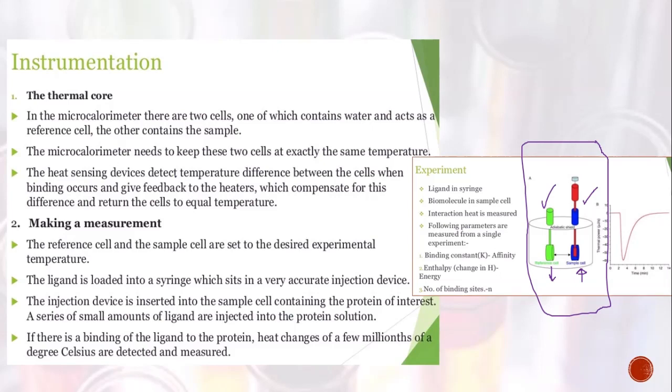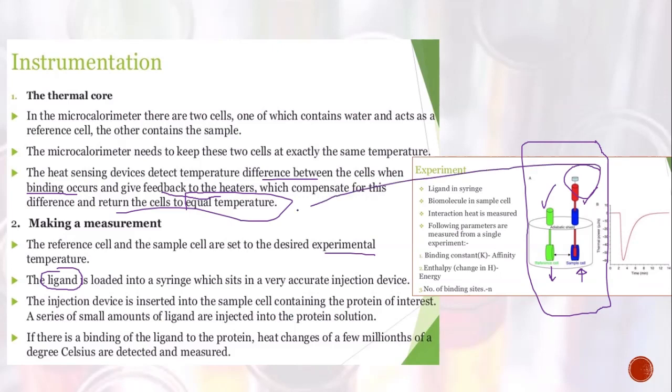The heat sensing device detects temperature differences between the cells when there is binding. And of course it gives feedback to the heaters, which compensate for the difference and return the cells again to equal temperature for the next measurement and so on. So when we are making the measurement, the reference cell and the sample cell are set to be at the desired experimental temperature. Then the ligand is loaded here.